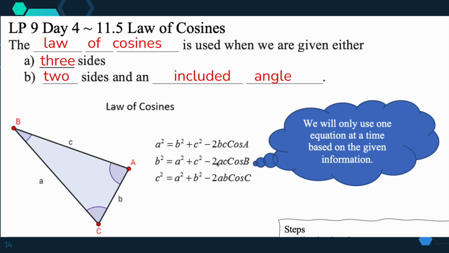It's based on what information I have, and you want to be able to fill in all of the pieces except one. If you're given all three sides, you could start with any of them to find any one of the angles, because you can fill in all the pieces except the angle. If you're given an angle and two sides, you want to start with the one that uses that angle, because that's the information you'll be able to fill in.